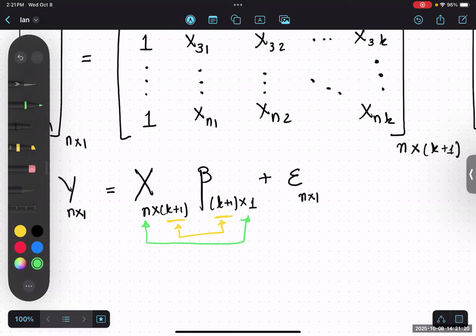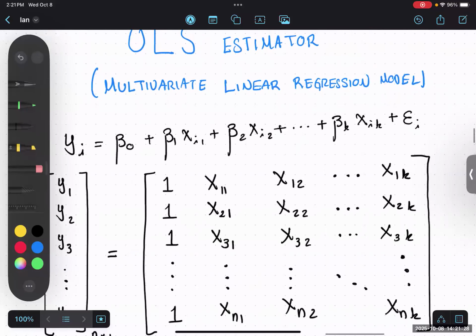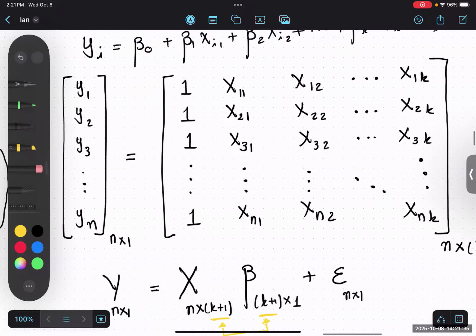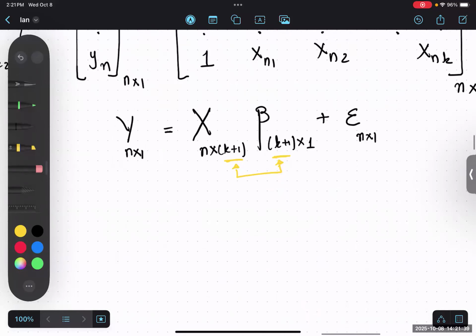So it's basically the same stuff, right? Nice. Well, that's how you go from your regular linear regression model with multiple variables to a vector notation or matrix notation.